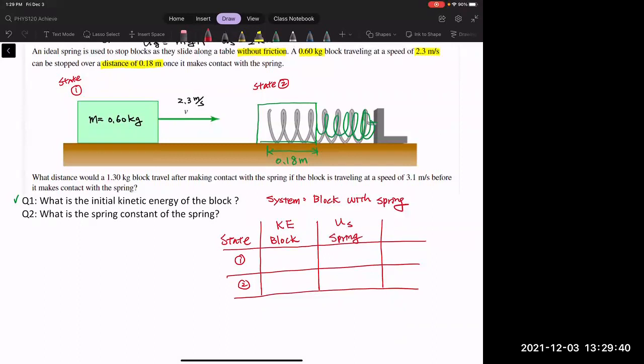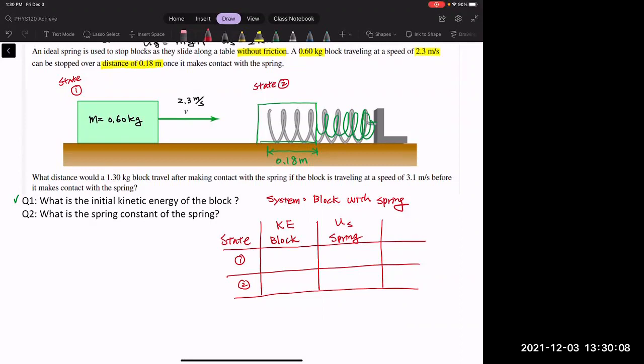And in this case, we don't have work. If you wanted to have work, then either you have friction or someone is giving a force to push or pull the block. That will add the work. In this case, we don't have that, so there's no work here.